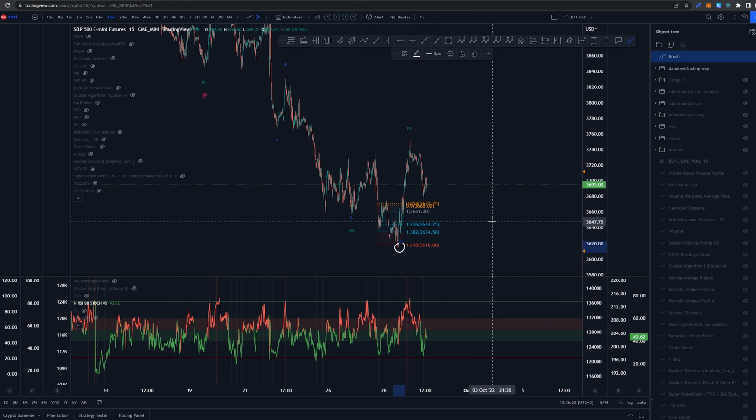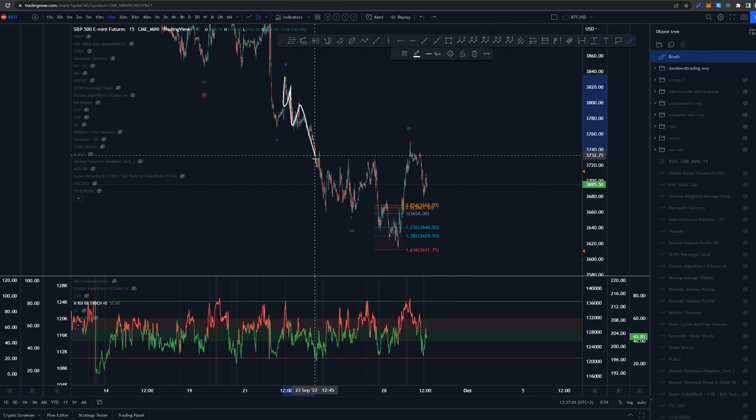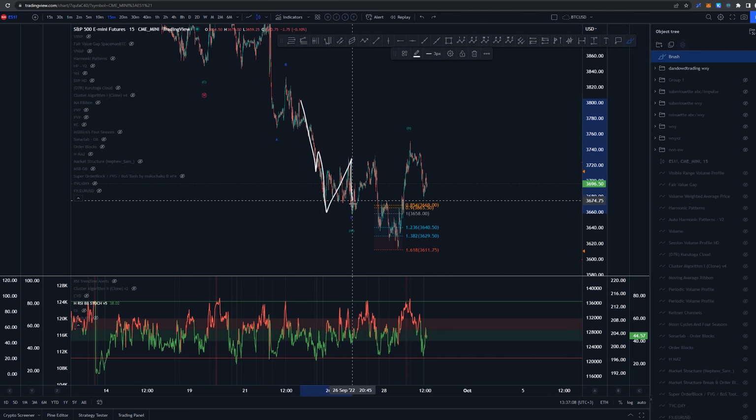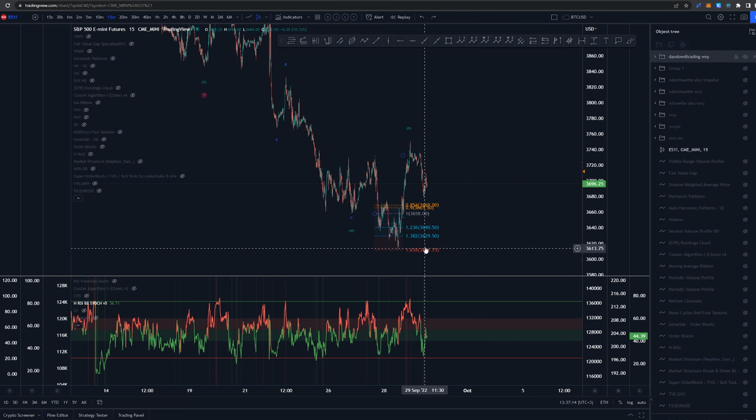So the only way I can fit this count in here is that we have the wave C ending at here, having this as a 1, 2, 1, 2, 3. Well, let's see, maybe the 3 is here, 3, 4, 5 into 3, 4, and 5, something like that. And that would have to be it, just because, again, the extensions here.